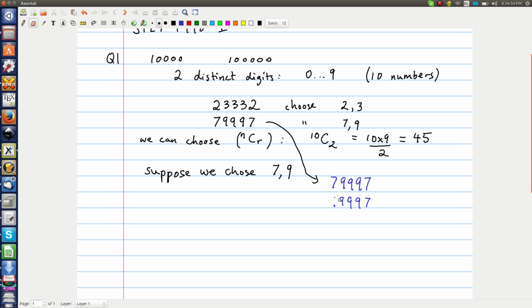So if we were to list all the valid possibilities, how many would there be? Let's just write one more here. That's another valid possibility. How many valid numbers are in that list if we've already chosen 7 and 9?